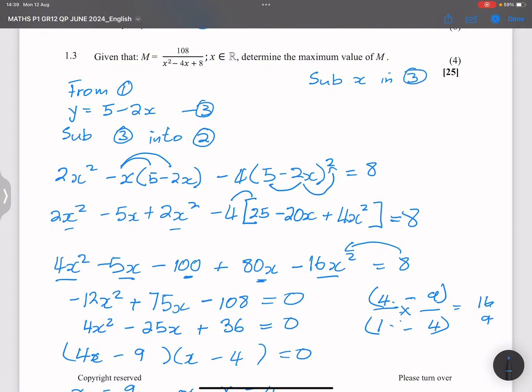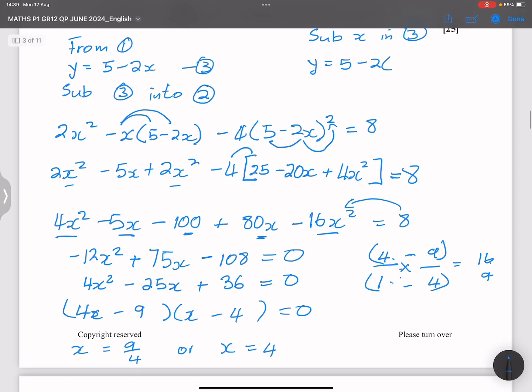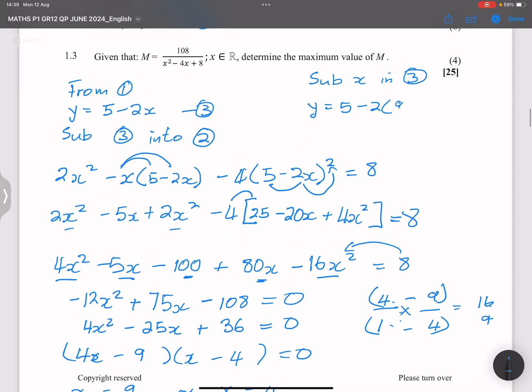So that gives us y is equal to 5 minus 2 times, we said it was 9 over 4, or y is equal to 5 minus 2 times, remember we said our other value is 4.